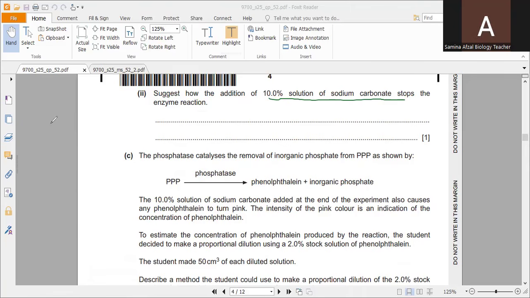The addition of a 10% sodium carbonate solution will stop the reaction by changing the environment of the enzyme, because it will change the pH.